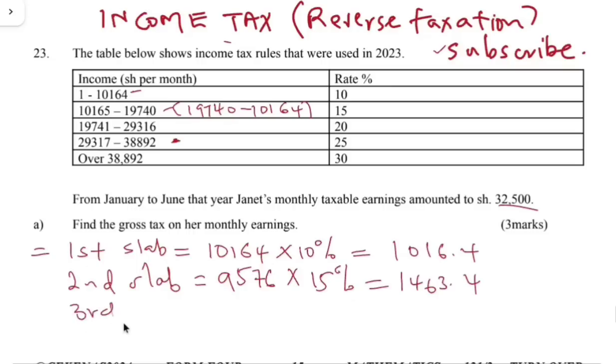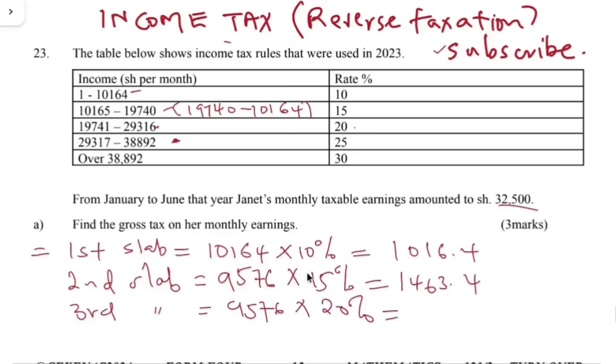Third slab pia utafanya hivyo hivyo, utachukua hii minus hii ya tatu minus ya pili za mwisho. So ukichukua 29,316 minus 19,740, okay, bado itakupa ile ile 9,576 multiplied by the percentage, which is 20%, ama 20 over 100.